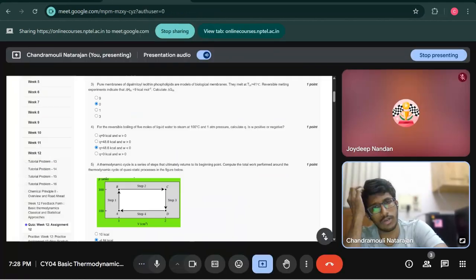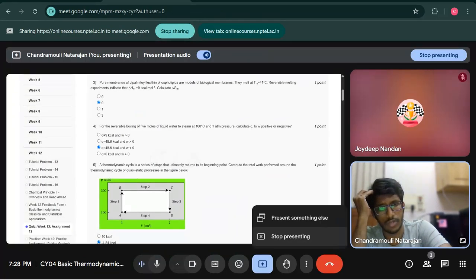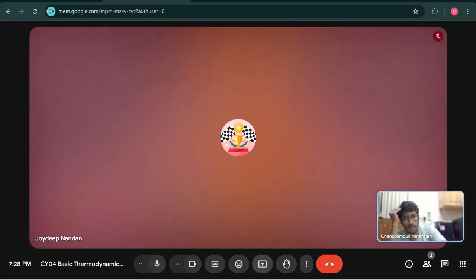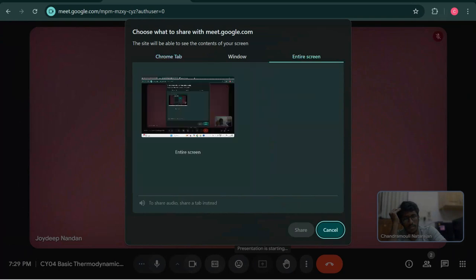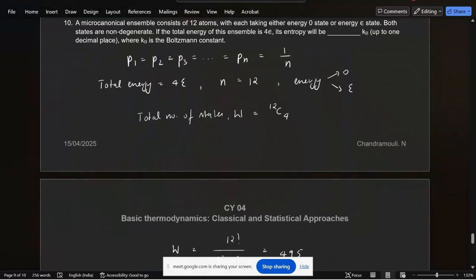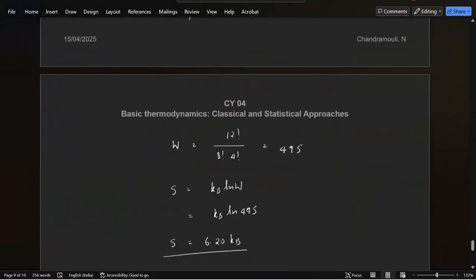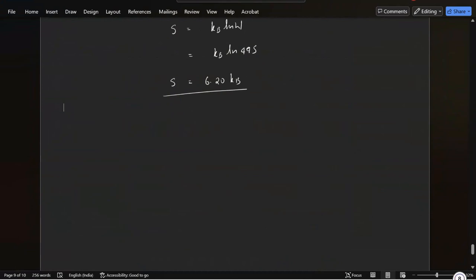Let me show that. Let me just press on my tab so that it's easier. We have 5 moles of water.